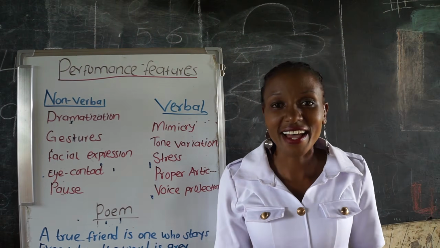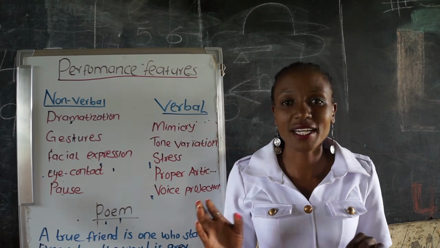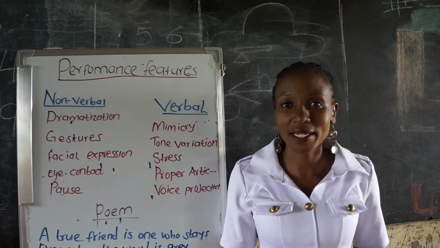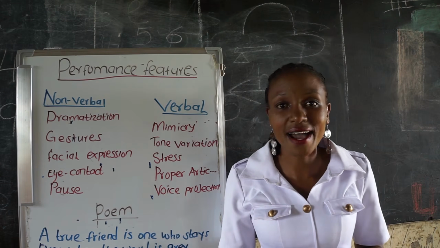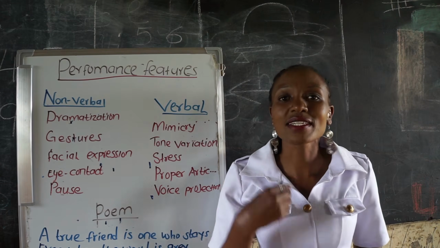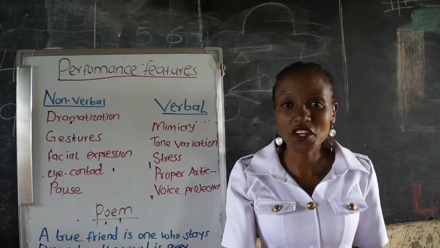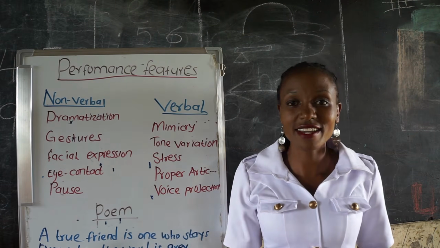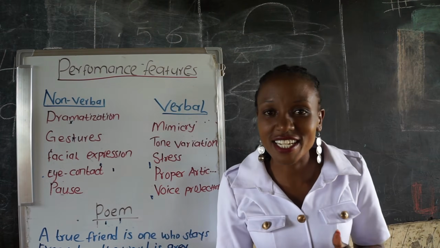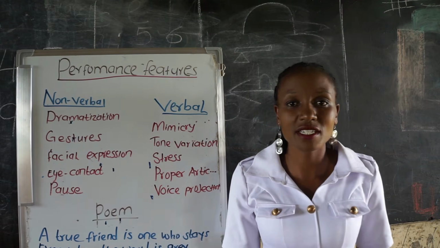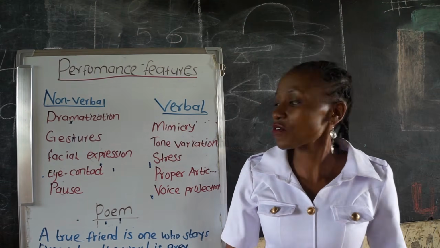Eye contact. As I'm teaching you right now, I'm not looking away, I'm not looking down, I'm looking at you in the eye. Why? Because I want to show that interest. As a performer, as a narrator, you have to maintain eye contact with your audience, and it's very important. The last one, we have the pause.